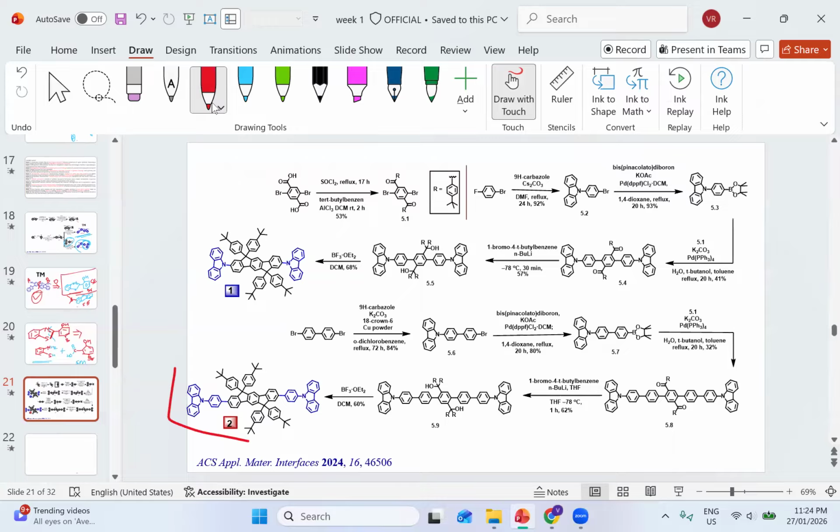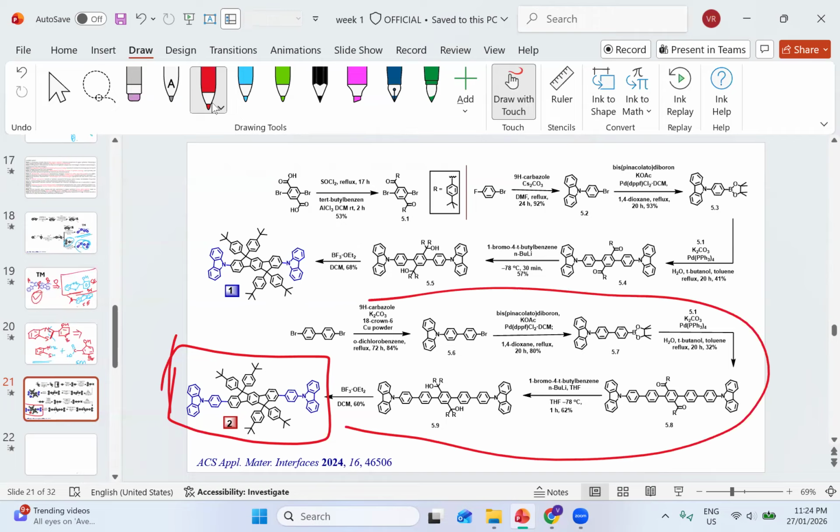Let's say this is my target molecule, and how would you think to synthesize it? This is just a linear synthesis I have shown. This is the target molecule I had, and I synthesized it in this number of steps.